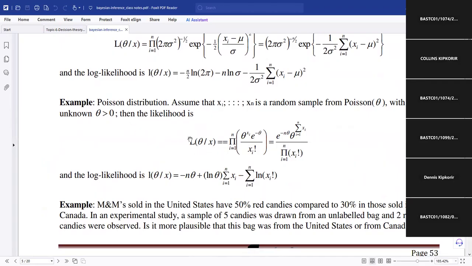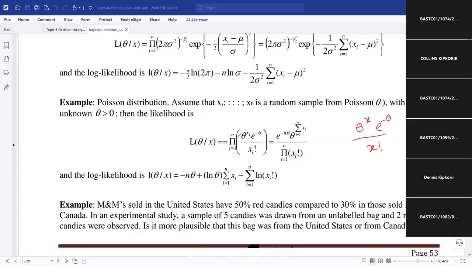So the likelihood function L theta given x will be equal to the product from i equals 1 to n of the Poisson distribution: theta raised to power x, because in place of lambda I now have theta, then e raised to power negative theta, divided by x factorial.